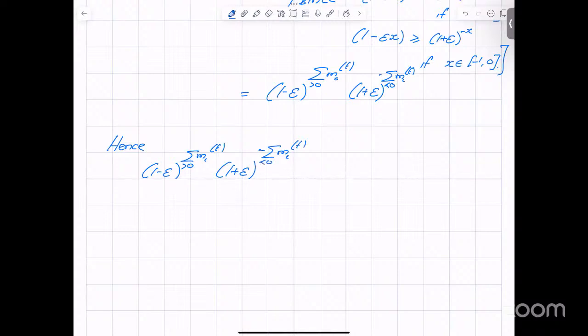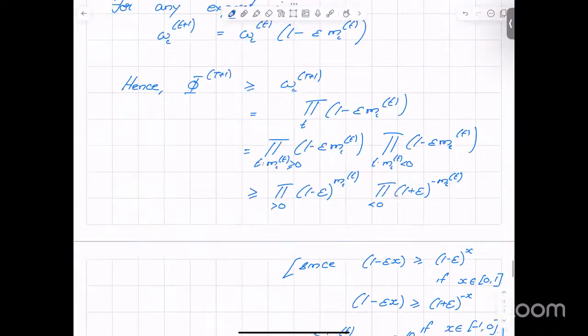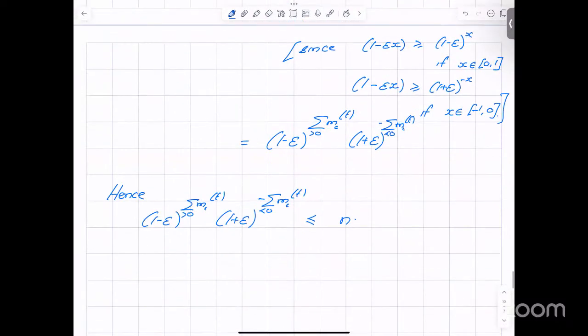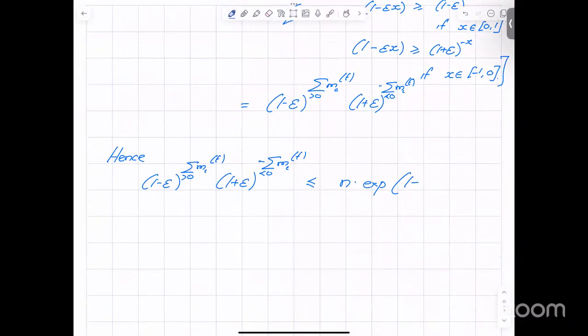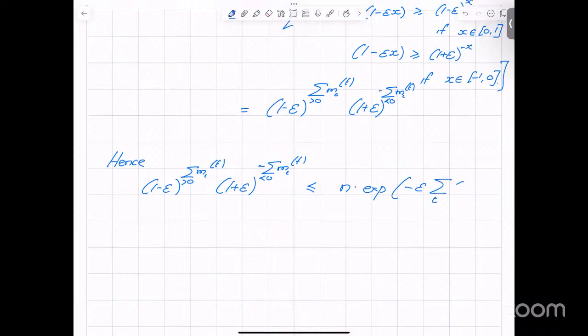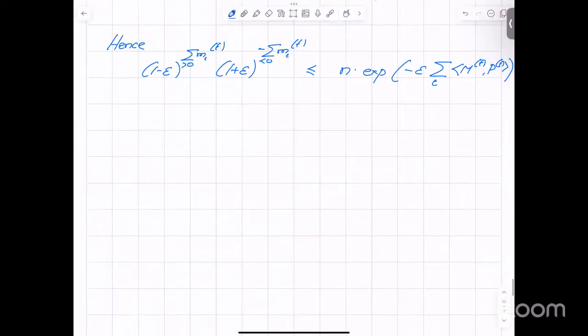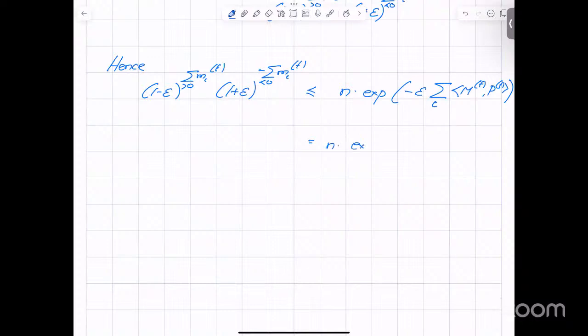We know that this quantity is less than or equal to n times the bound we had here, which is n times exp of minus epsilon LT, where the summation MTPT was LT.